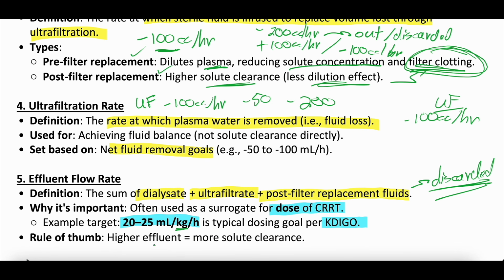The thing to note is that higher effluent usually leads to more solute clearance, which makes sense, as we talked about. Higher flow of the dialysate, higher flow of the blood, all that kind of stuff leads to more solute clearance. So you want a higher effluent flow rate if you want more solute clearance, but usually 20 to 25 cc's per kilogram per hour is what people start with.